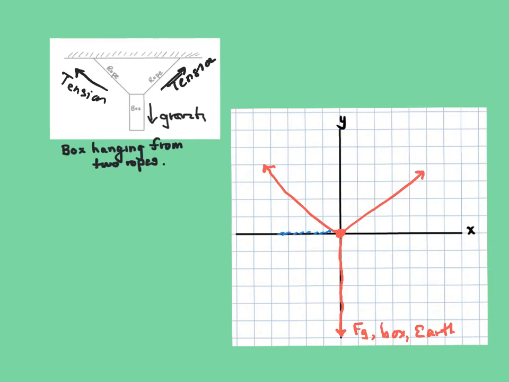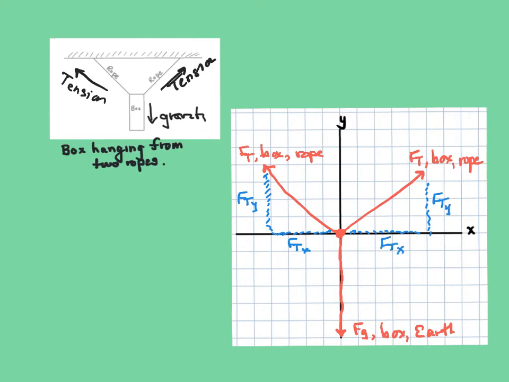There's the x part and the y part, the x part and the y part.